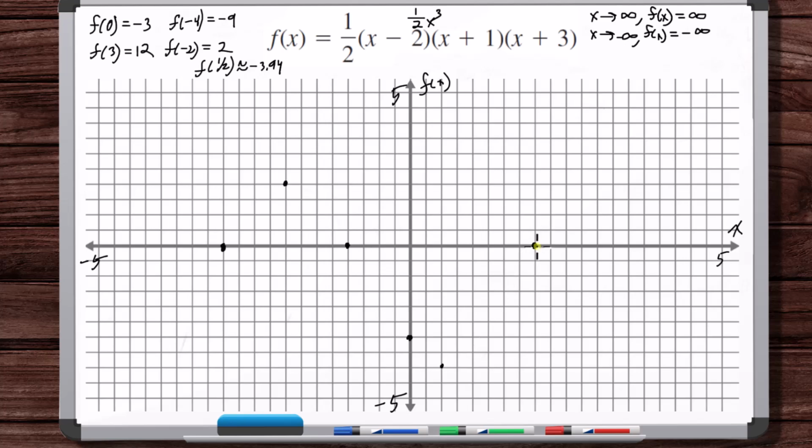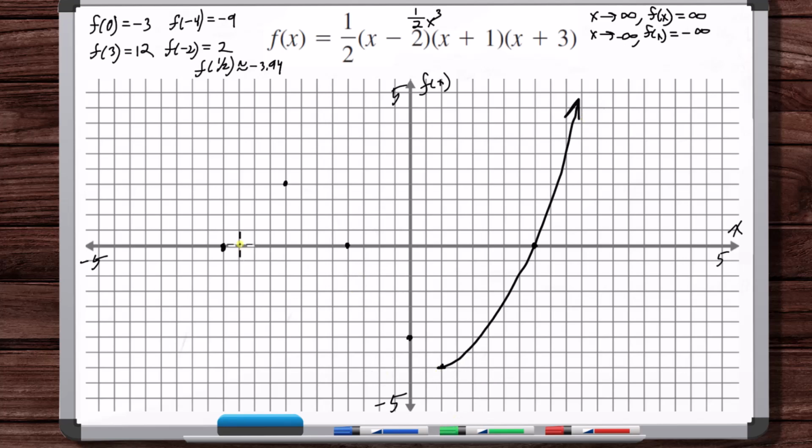As x goes to infinity, this goes to positive infinity, but f of 3 is 12, and you can see f of 3 is where? 1, 2, 3, 4. It's not that steep, I guess. So there we go, something like that.